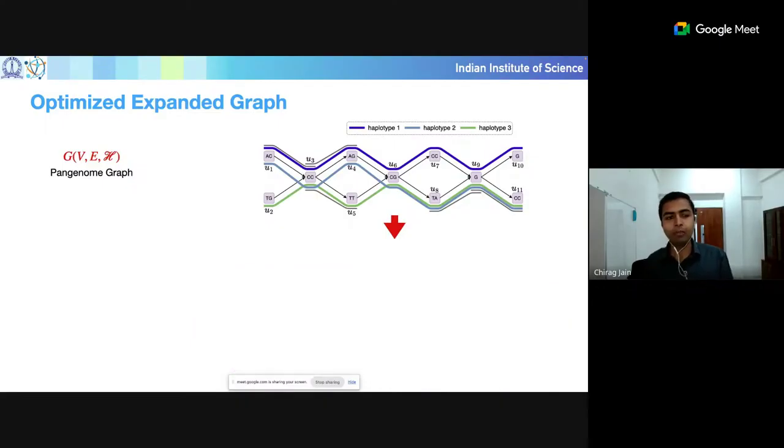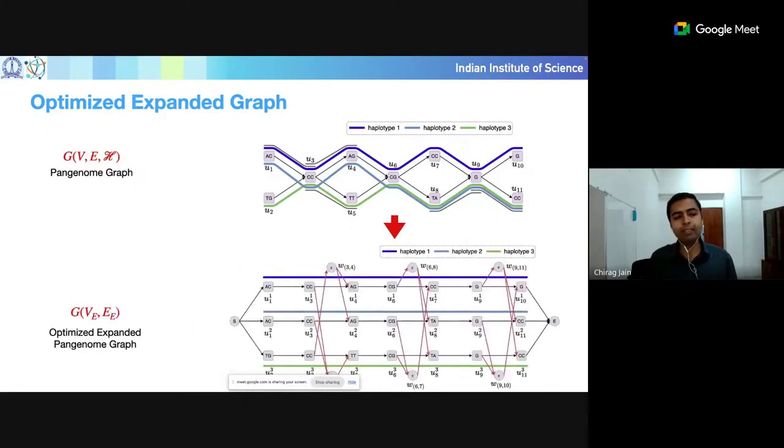So as an optimization, we will optimize this graph a little bit. I'm going to reduce the recombination edges from quadratic to linear. The way I do it is I introduce a dummy vertex in the middle of these columns, so that whenever I want to do a recombination, I would go to the dummy vertex first, and from the dummy vertex, I would go to the other haplotype.